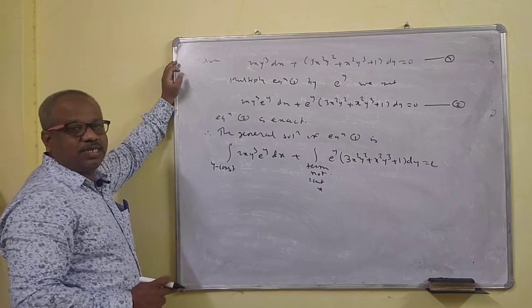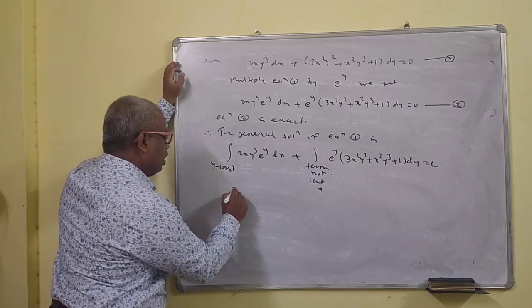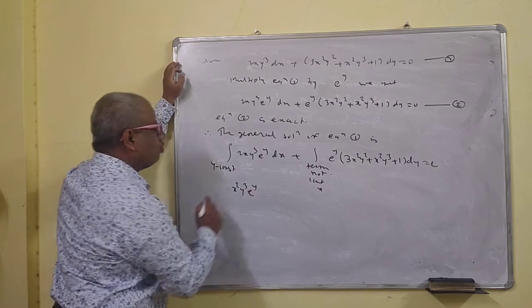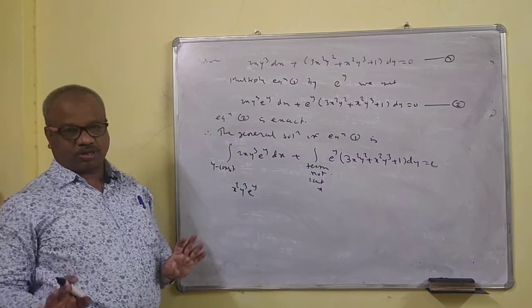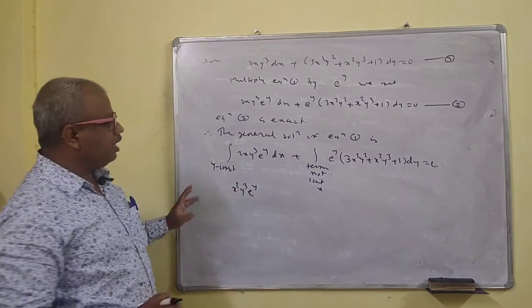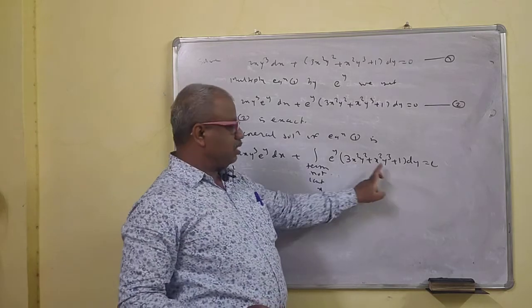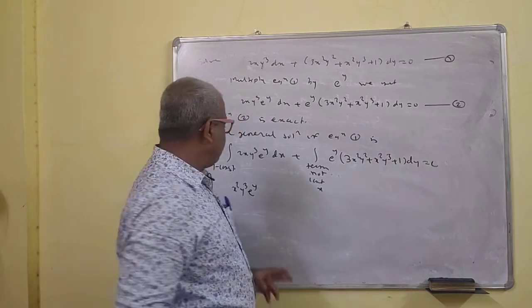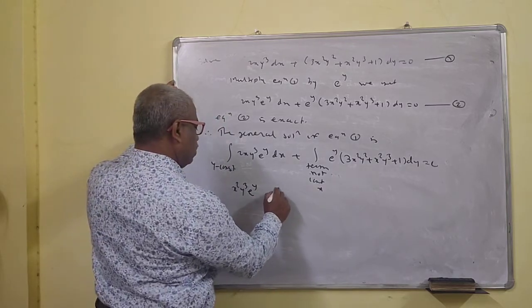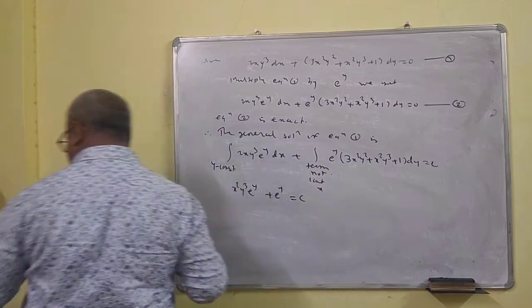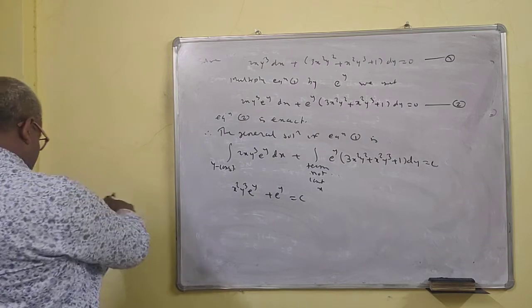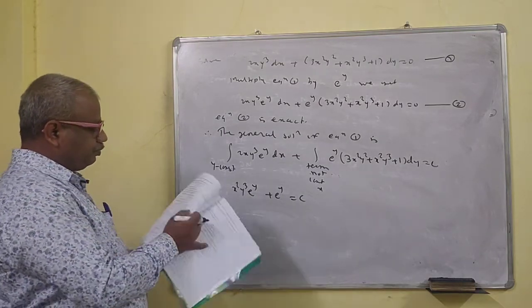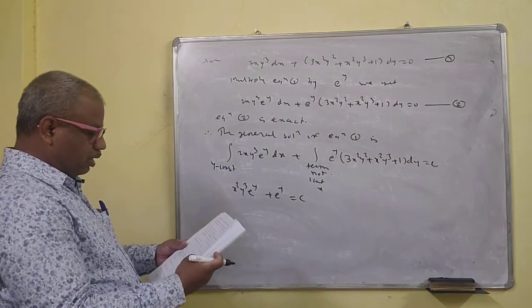So integration of twice x is what? x². So this is x²y³ e^y, because e^y y³ is constant. Okay, so this becomes very easy now. Here this term contains x, this term contains x, so it gets cancelled. Only e^y remains, and integration of e^y is e^y, plus e^y is equal to c. Okay, so this is the general solution of the equation 1. This is your required general solution.